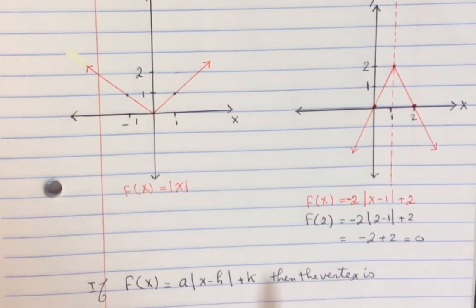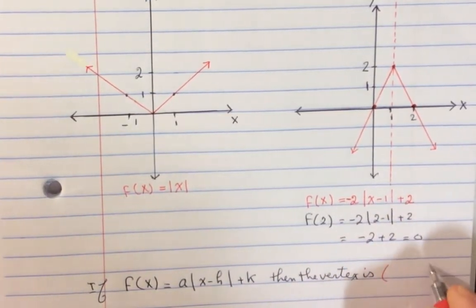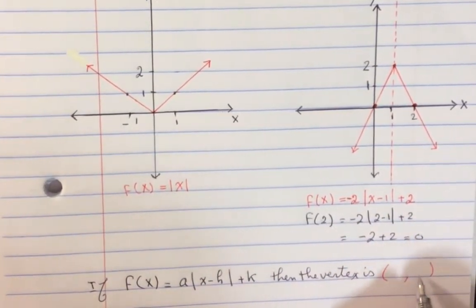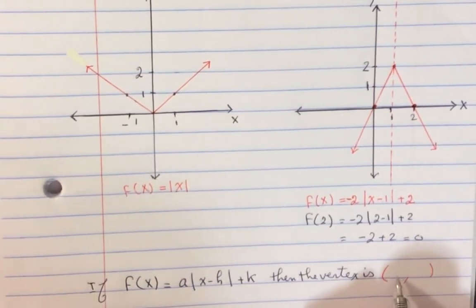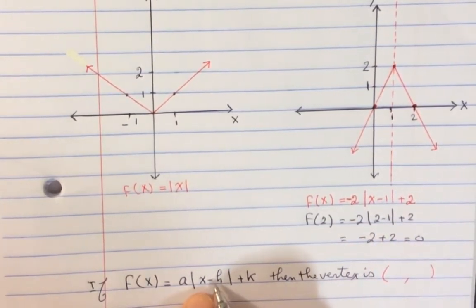So now guys, if we have an absolute value function, which is f of x equals a times the absolute value of x minus h, plus k, then the vertex is the ordered pair (h, k), x and y. The first number in the ordered pair is going to be opposite to this.